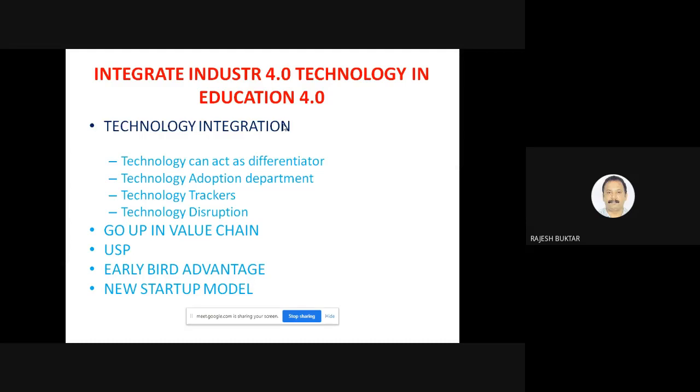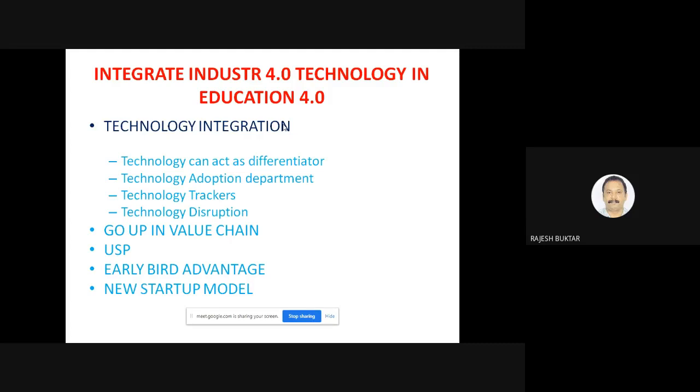And the OEM, being a capital-intensive company, will be the first to experiment with new technologies because they have capital. Why do they integrate technology first? Because technology can act as a differentiator, resource multiplier, and force multiplier.